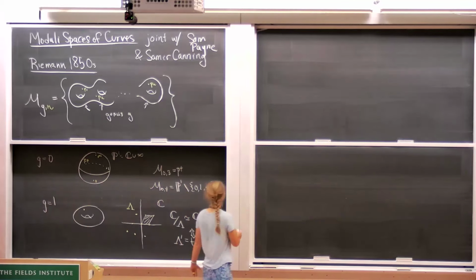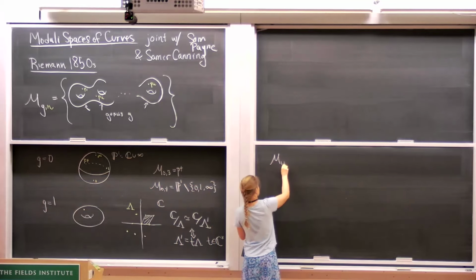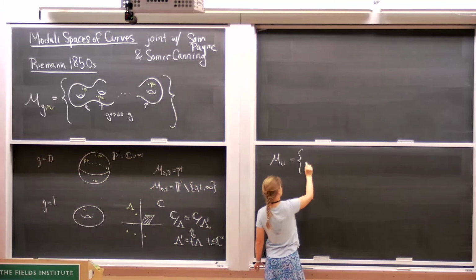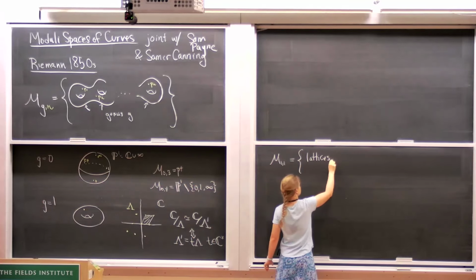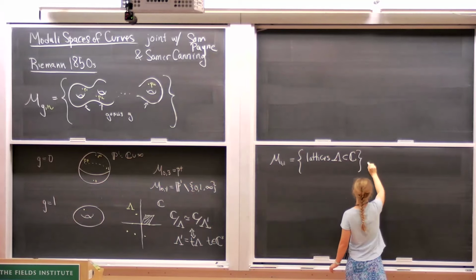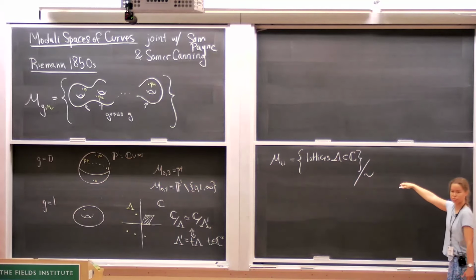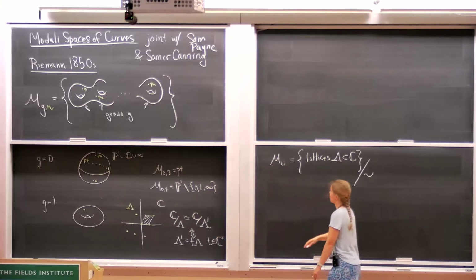So it follows that the moduli space M_{1,1} is the set of lattices in the complex plane modulo this equivalence relation, where two are equivalent if I can scale one into the other.